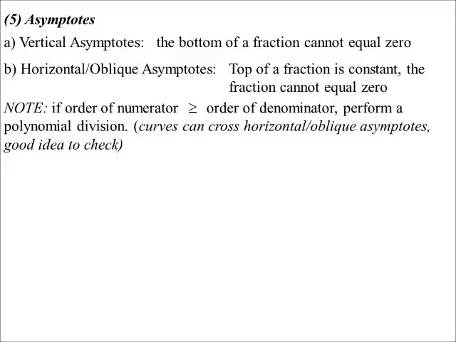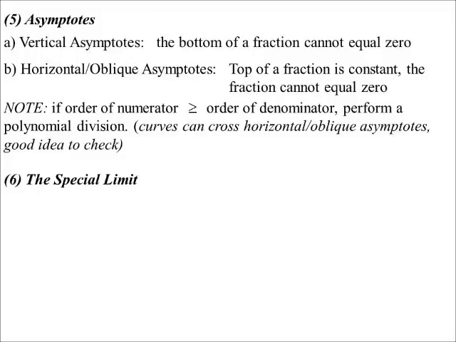So if the order of the numerator is greater than or equal to the denominator, do your polynomial division. Now remember, it is okay for curves to cut horizontal and oblique asymptotes, because again, that's just telling you what happens out at the extremities, so out at infinity and minus infinity. The vertical ones we can't cut.